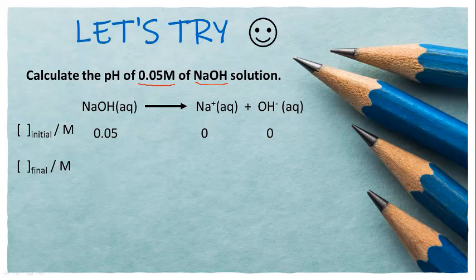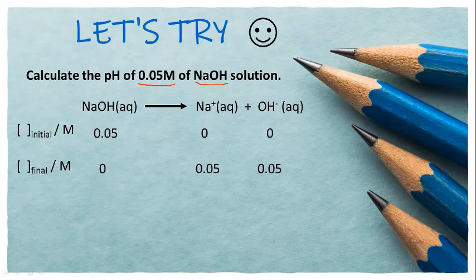Same as the acid in the previous example, sodium hydroxide final concentration is 0, and after dissociation, sodium ion and hydroxide ion have the same concentration as sodium hydroxide, which is 0.05.